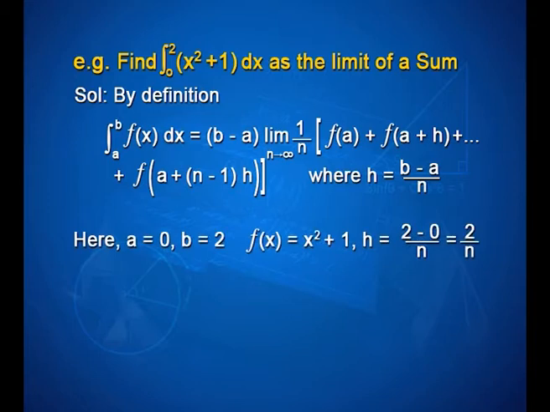Here a is equal to 0, b is equal to 2, f of x is equal to x square plus 1 and h is equal to (2 minus 0) upon n, that is equal to 2 upon n.